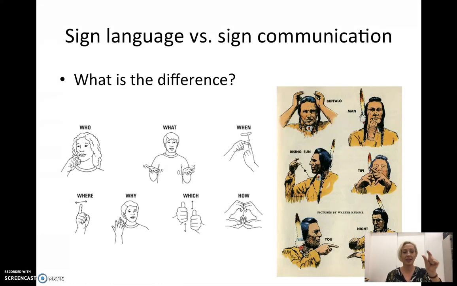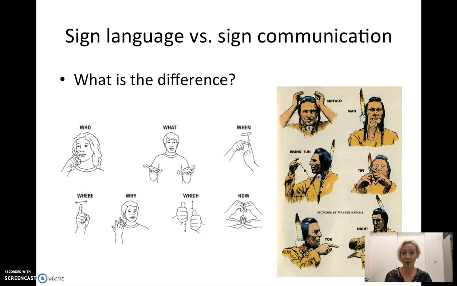And this is a sign of a rising sun. If you think about it, how are they different from the signs on your left from American Sign Language used by the deaf?